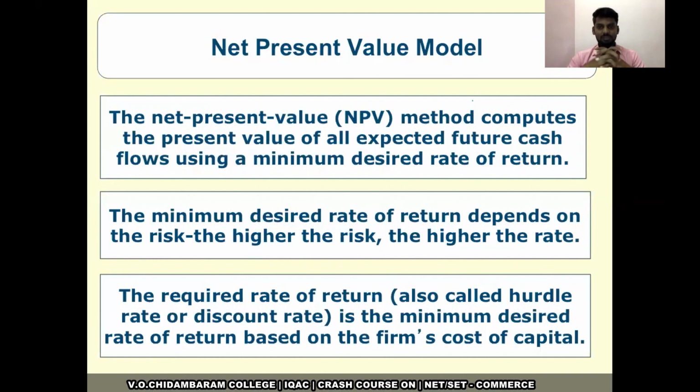NPV is a method that computes the present value of all expected future cash flows. Just now we calculated the present values for all the future cash flows for the first year, second year, third year, and fourth year.